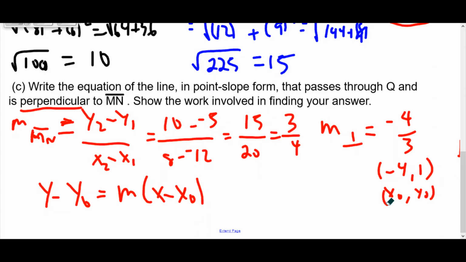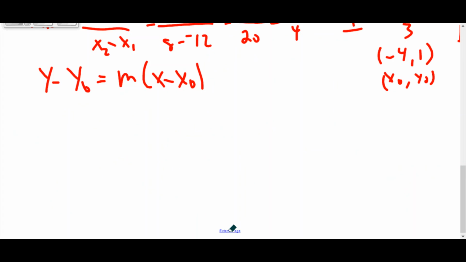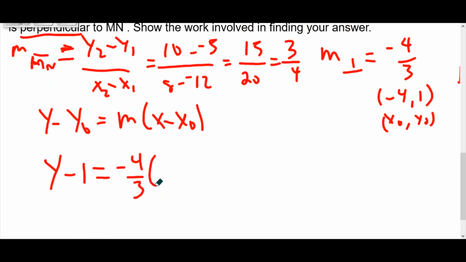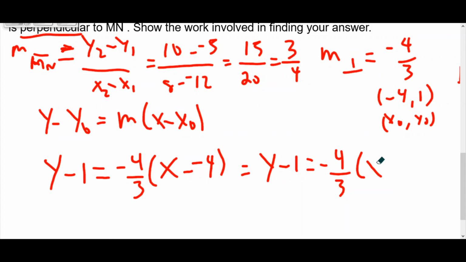So we're going to get an equation that reads y minus 1 is equal to negative 4 over 3, just a reminder, the perpendicular slope, parenthesis x minus negative 4. Well, that's awkward, so we'll do y minus 1 equals negative 4 over 3 times x plus 4.